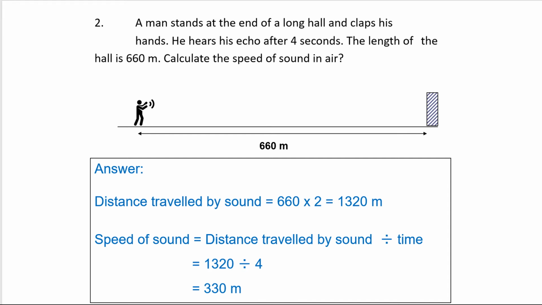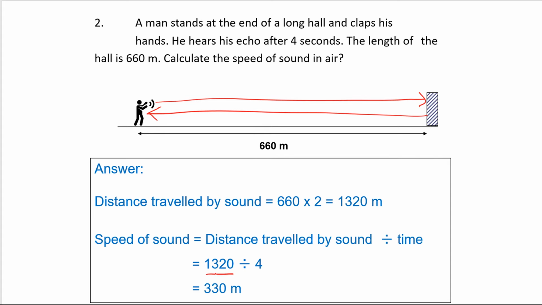So this is the answer. There are two ways of doing this question actually. Because we know that speed is distance divided by time, you can take the total distance traveled by sound, which means 660 plus 660.